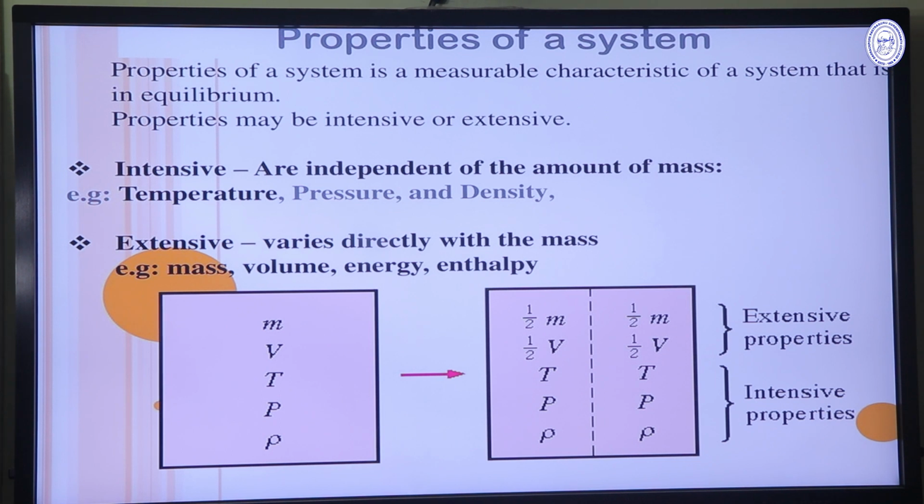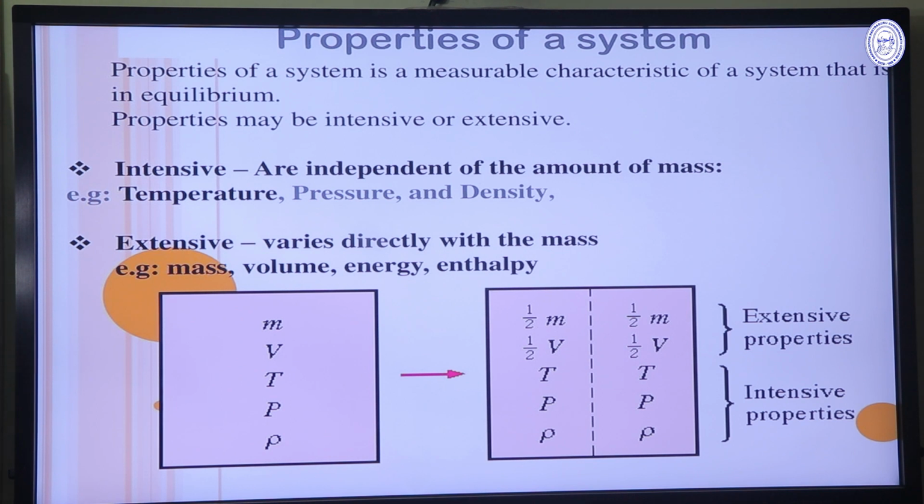Let's take an example of temperature. Suppose I have a conical flask where the temperature of 100 ml of hot water is 100 degrees centigrade. Now I transfer a small volume of the same hot water at 100 degrees centigrade into another conical flask. Even though the mass or volume has changed, the temperature is not changing, so it remains constant.